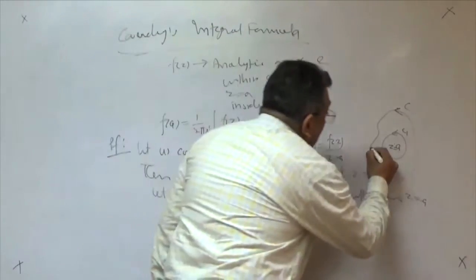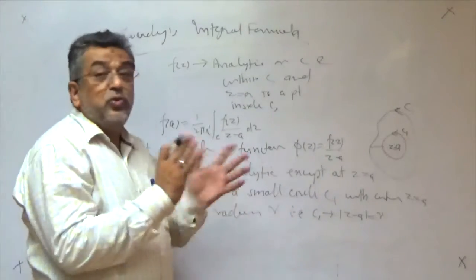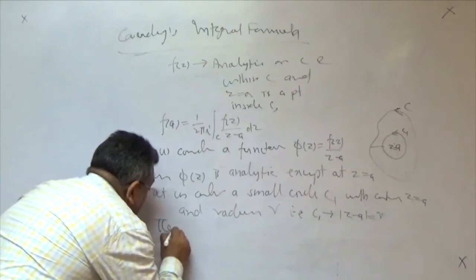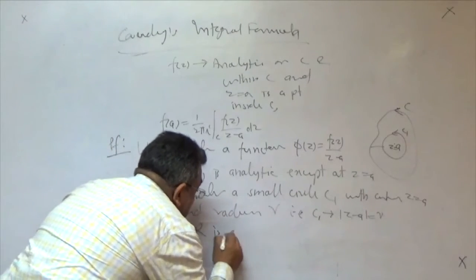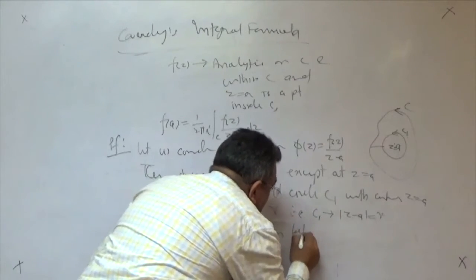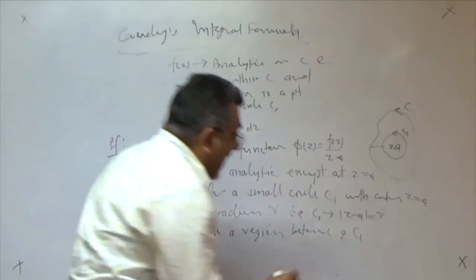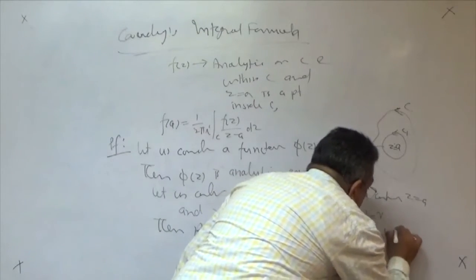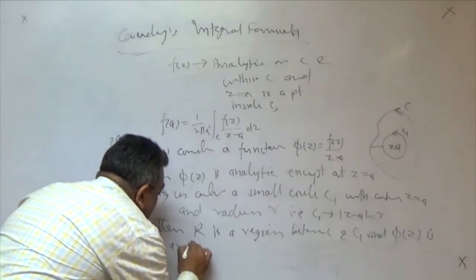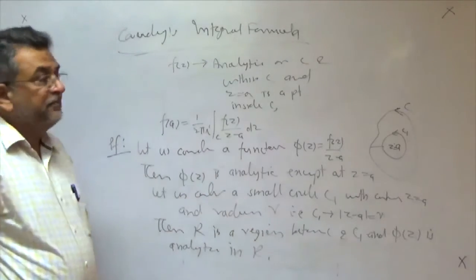Then we can form a region between these two curves C and C1. Then R is a region between C and C1, and now phi(z) is analytic in R, right?